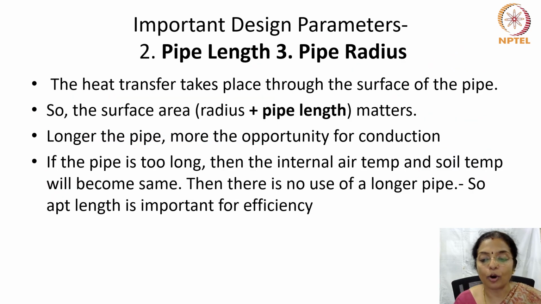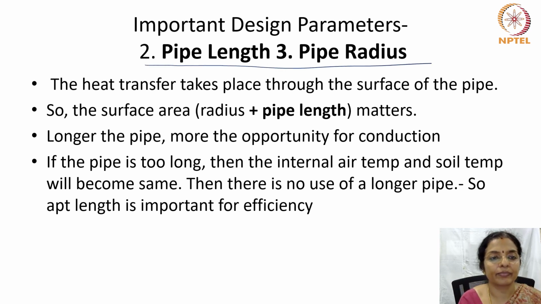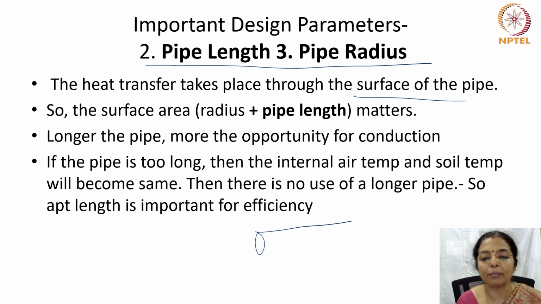Next important parameter is the pipe length and pipe radius. The heat transfer takes place through the surface of the pipe. So what becomes important for the surface of the pipe? It is the diameter and the pipe length. This is what will add surface.